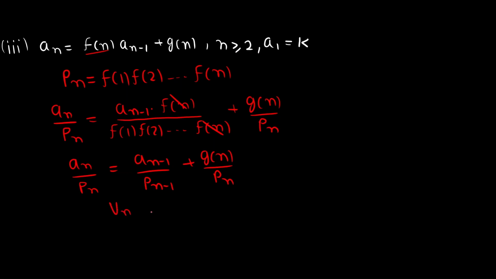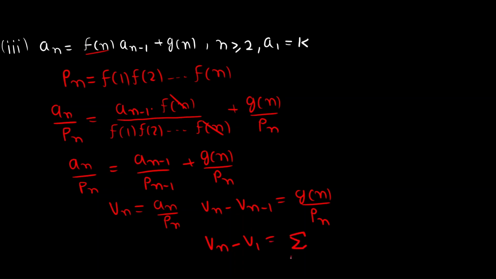Now we will define a new sequence, Vn is equal to an by Pn. We will get Vn minus Vn minus 1 is equal to g of n by Pn. Now again this is a telescopic sum, and if we add the terms, we get Vn minus V1 is equal to summation from i equal to 2 to n of g of i by pi.